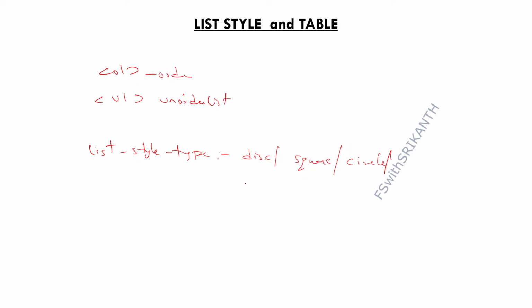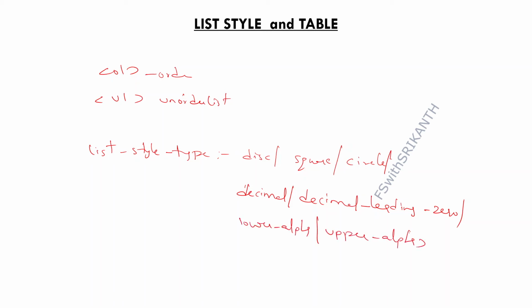and we are using decimal, and decimal leading zero. So just observe, we can use alphabets like lower-alpha and upper-alpha, and there is lower-roman and upper-roman, and none, no styles, right?